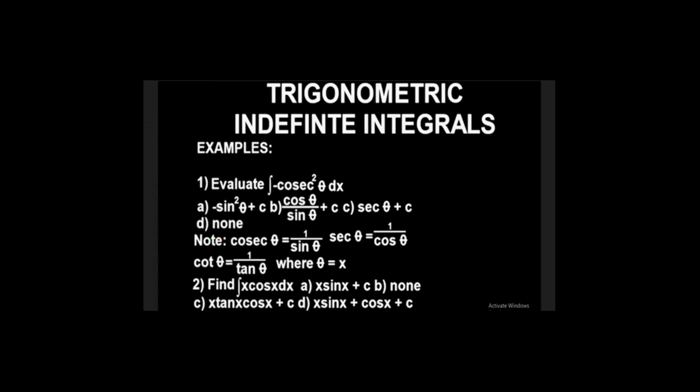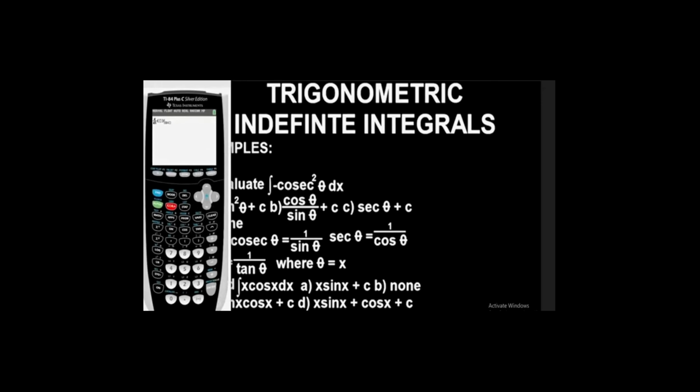So right now, let's begin with option A. What do we have there? We have minus sine square theta plus c. The plus c is just a constant. You're not going to add it in the values you're inputting on the calculator. So we're going to differentiate minus sine square theta now. So we have minus, make use of this minus sign, guys. Or you can choose to use this one now.